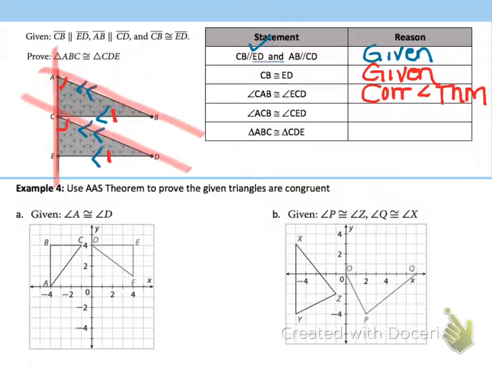Then they went on to say, I'm going to change color here, they did ACB. So ACB would be this angle, and CED, this angle. And if you looked at the other pair of parallel lines, which was this line and this line, and now that line is also the transversal, we know that those must be congruent because they are also corresponding angles.